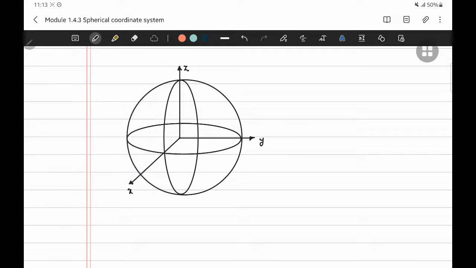And as you can see, the book also put a small sphere here and referred to this as point P.